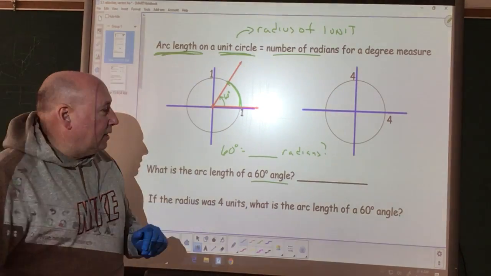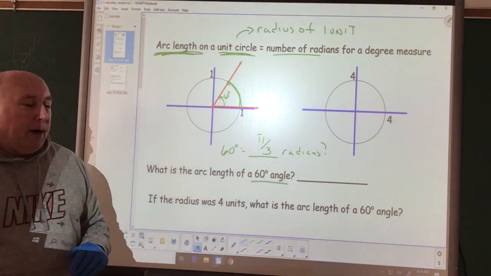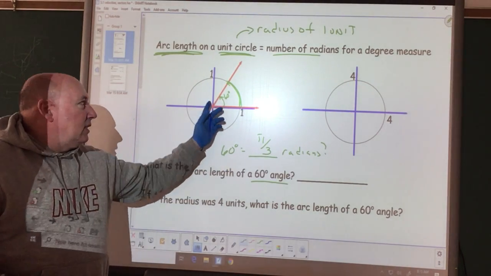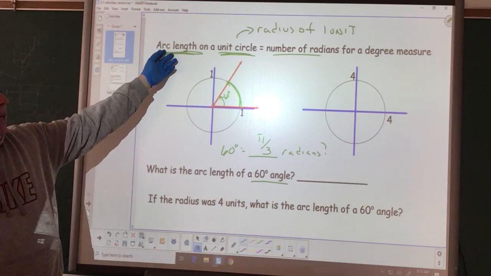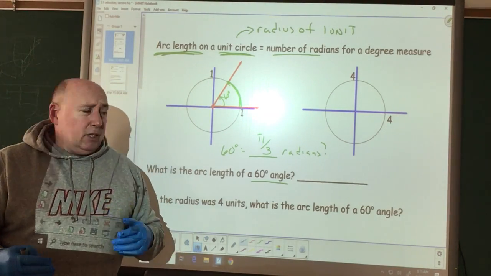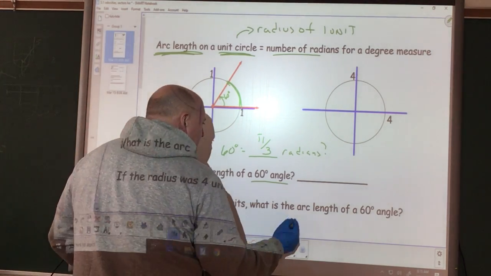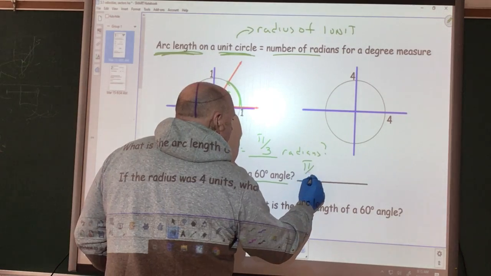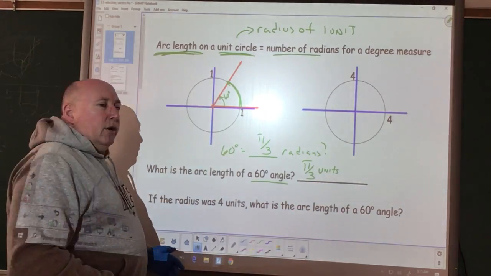That is correct. That is the value of pi over 3. Pi over 3 radians is the number of radians in 60 degrees. When we talk about arc length and radians, they're synonymous with each other. That means my arc length here is also going to be pi over 3 units, whatever our units are.